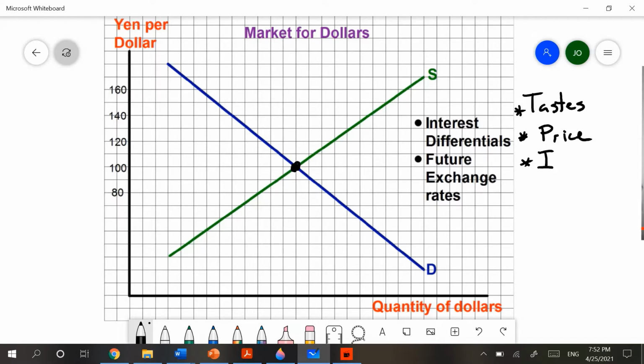The video also included income, and we had interest rates, interest differentials, meaning that there are differences between, in this example, the interest rates in the US and the interest rates in Japan. And we're going to add one here from this video, future exchange rates.